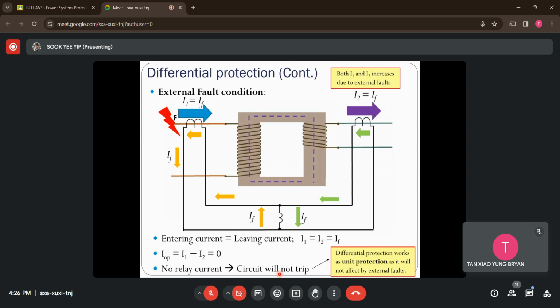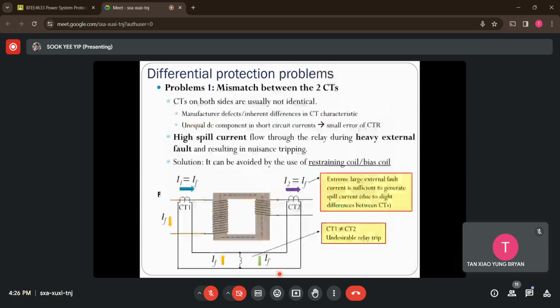Okay, but there are some problems. Let's see what problem is faced if we use the differential protection scheme for the transformer that might cause it to be unable to work correctly. Even though there's no fault within the transformer, the relay might work, causing false tripping. The reason is that the resultant differential current here might be more than zero.